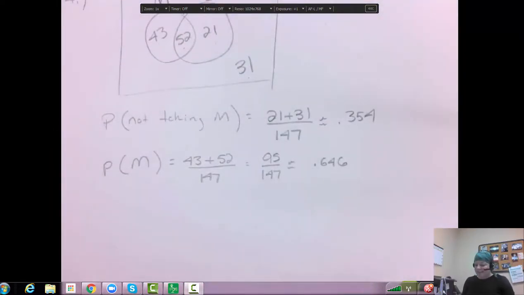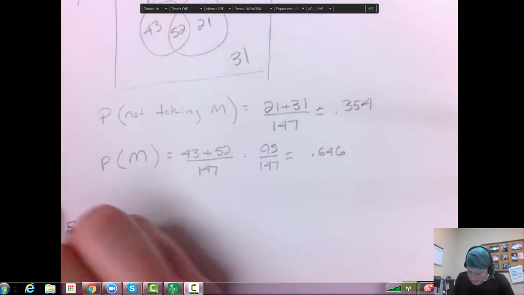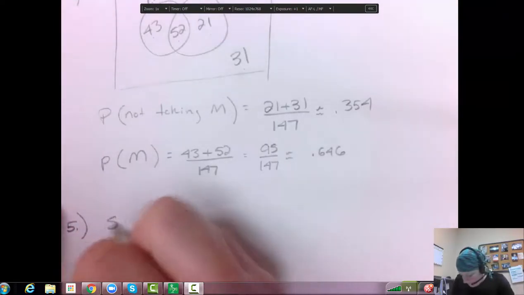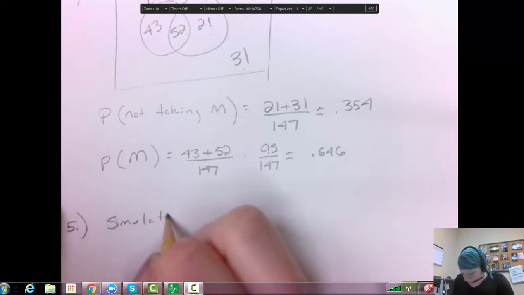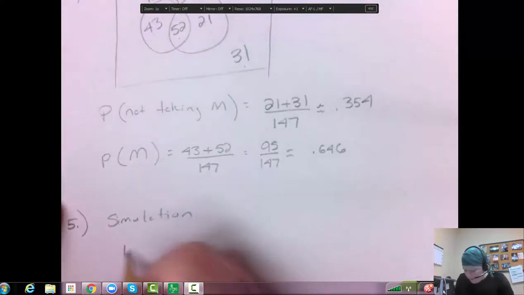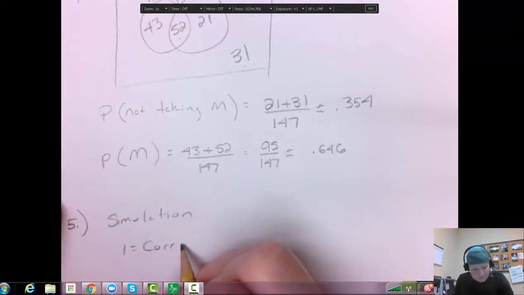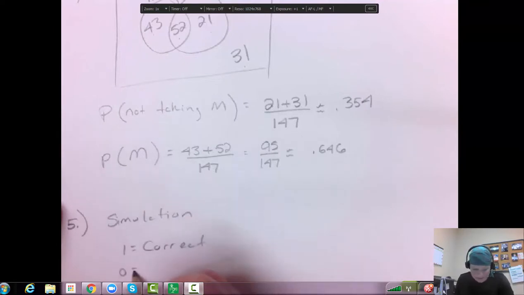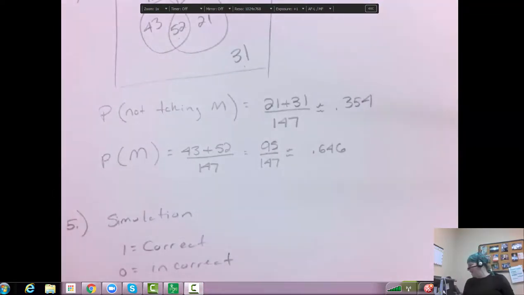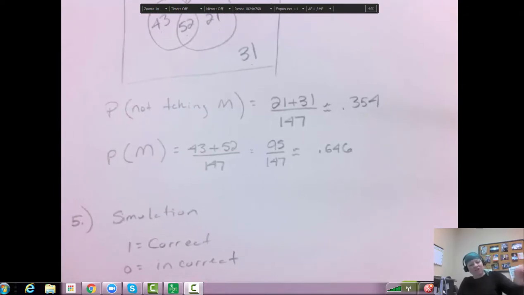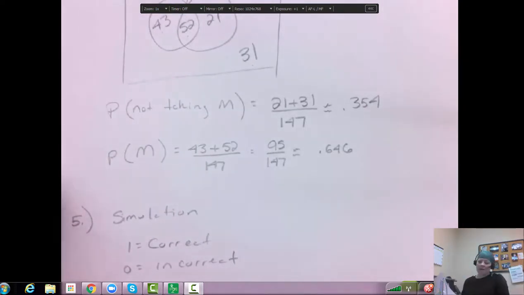All right, now the last thing I want to show you is a simulation. I'm going to let 1 equal correct answers, and I'm going to let 0 equal incorrect. And I'm going to simulate numbers, and I actually just printed off one of the problems in Math Excel.